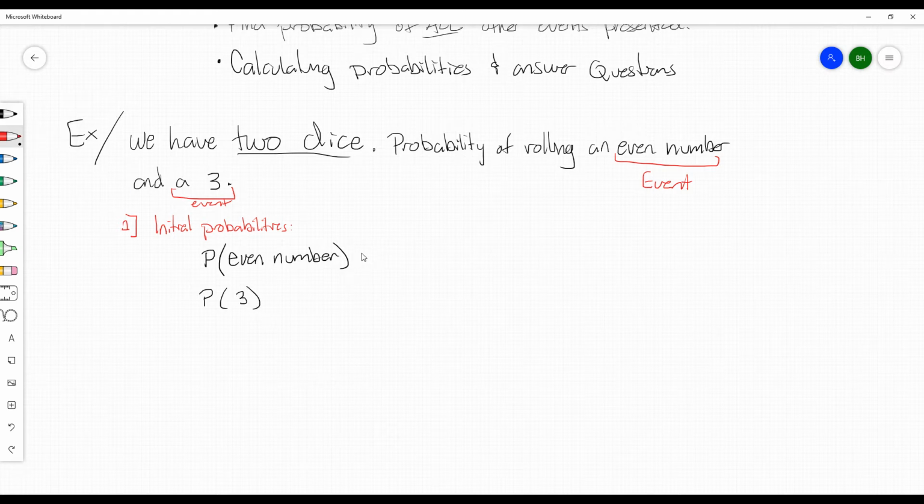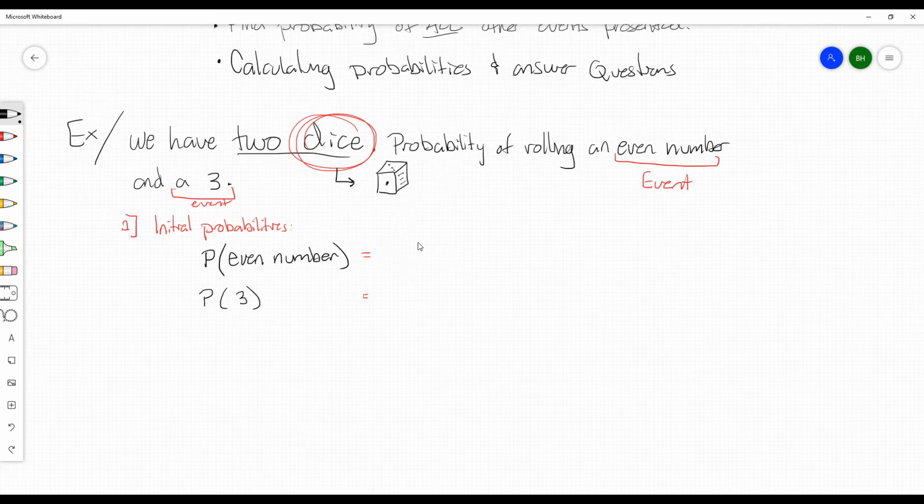In order to do this, we need to set up our initial probabilities using what we know about dice. So dice are those cubes with the various dots on them. Some of us know this, some of us don't. And on these dice, there are 6 sides.